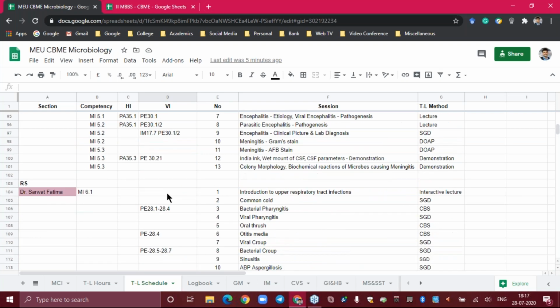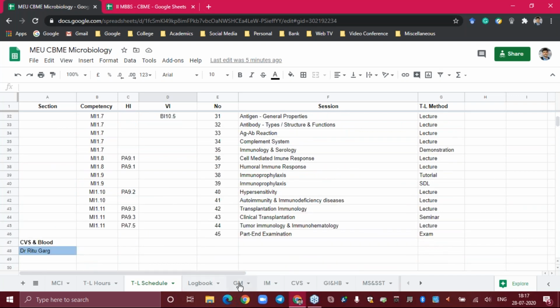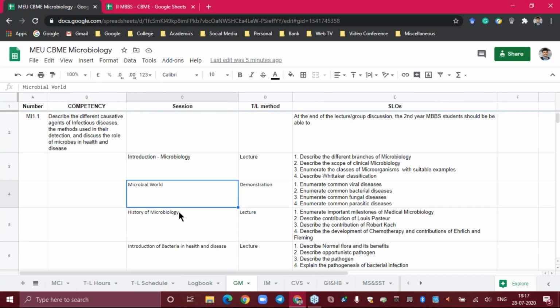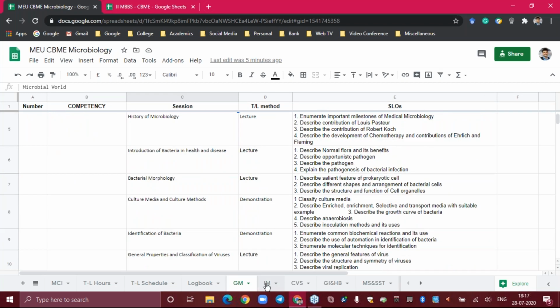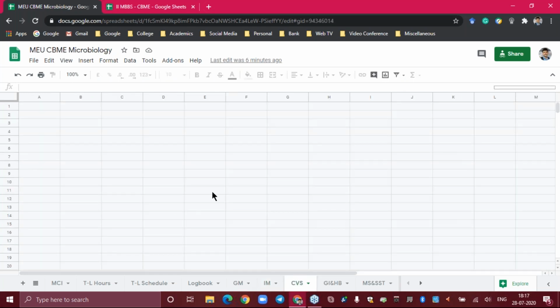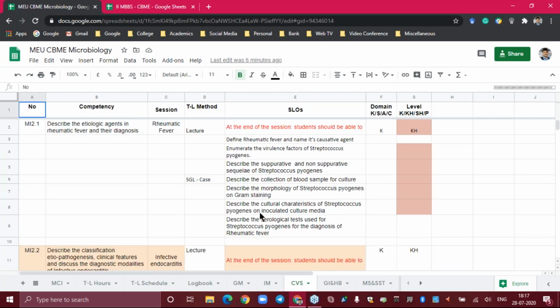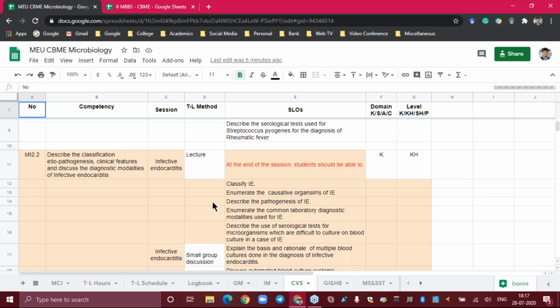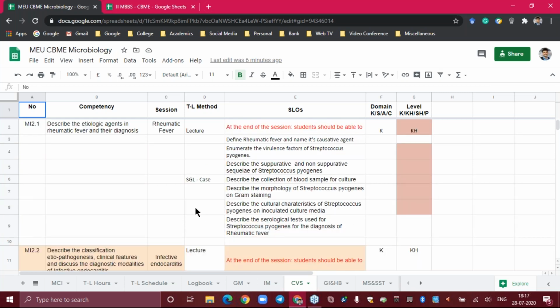So what is happening over here, we have devised these objectives, and that is converted into sessions. That is good for general microbiology. Immunology is also good. We need to work out the cardiovascular system, right? Over here, you can see it is still not properly divided into sessions, and it is very difficult because competency is divided into objectives, but objectives need to be clustered according to the teaching learning method, and that is a session.